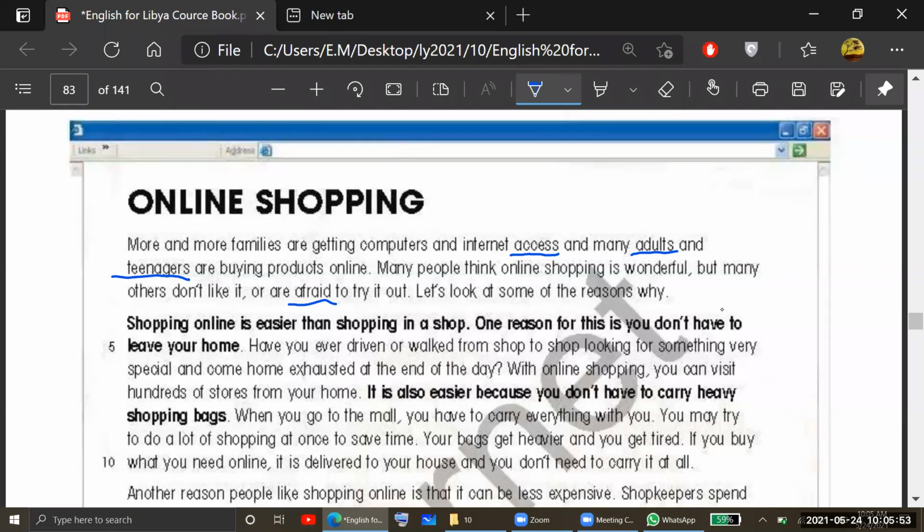Okay, so in this I want you to pay attention. In this text, في هذا النص, we have both sides.